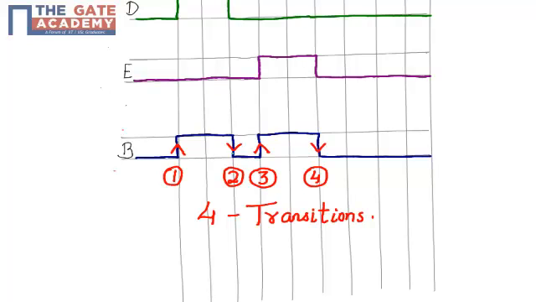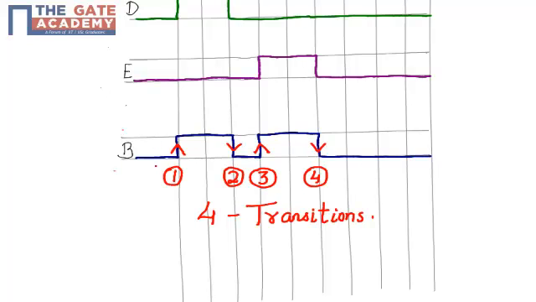Within the duration 3 to 4, both D and E are 0, so my B would also be 0. And for the duration 4 to 7, again there is a 0 and 1 combination, so I would again have a 1 over here and the remaining part would be 0.